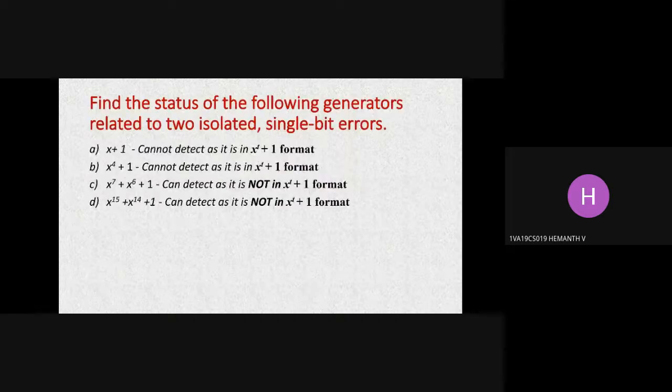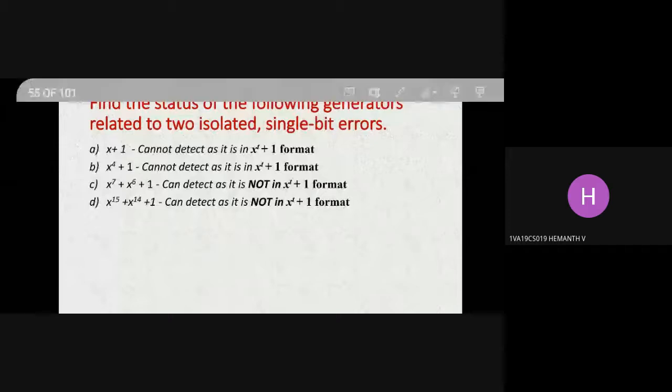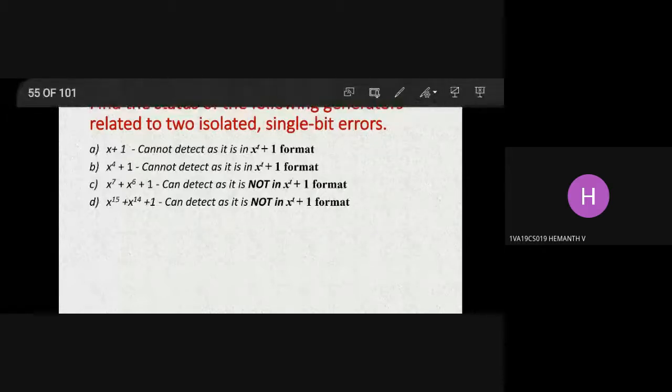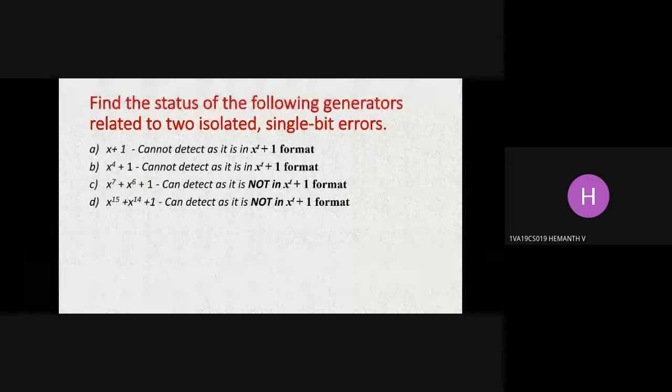See here, the given generator D, x power of 15 plus x power of 14 plus 1. So here the degree of polynomial is 15, that is the highest degree in the given generator. Considering D, x power of 15, 15 is the highest degree present in the given generator. That's why the degree of polynomial is 15 here.